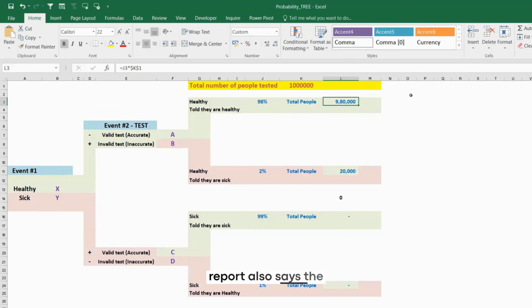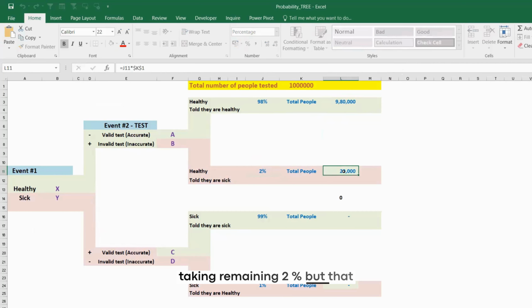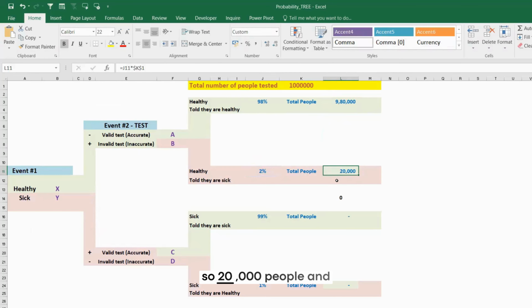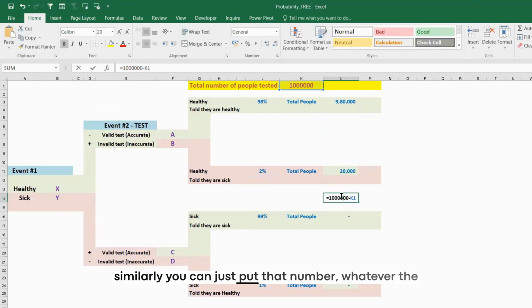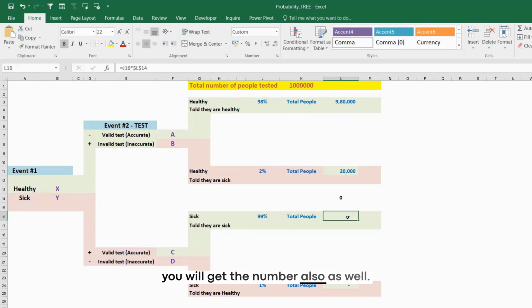Test report also says the same thing. Here we are talking about only 2%, right? The remaining 2%, but that 2%, if you put it, it goes to a big number. You can see here. So it is 20,000 people. And similarly, you can just put that number. Whatever the sick people are there, you can test it, and you will get the number also.